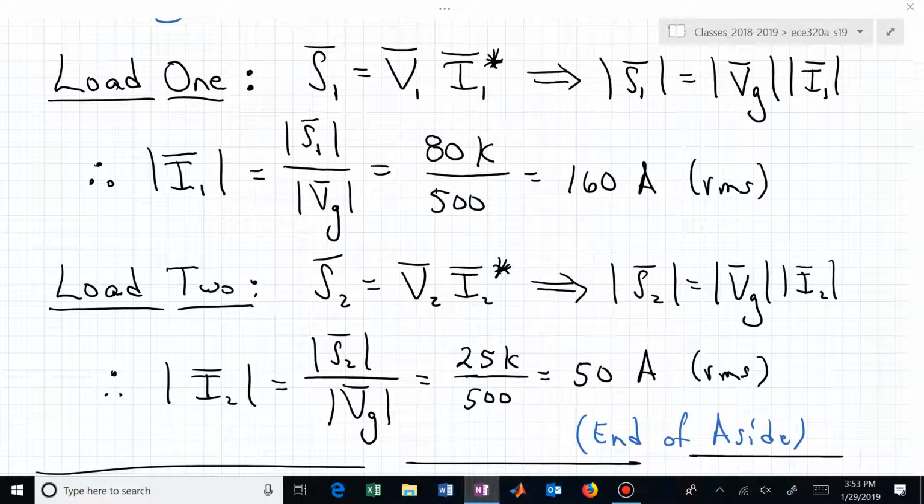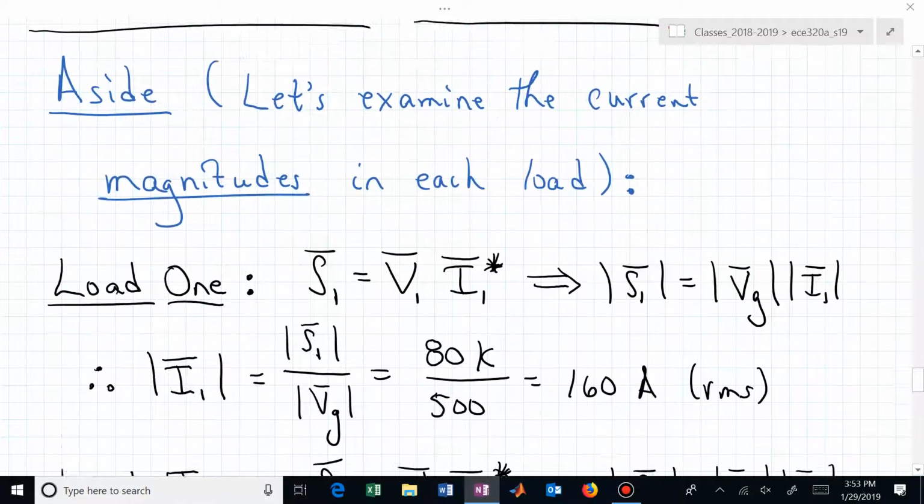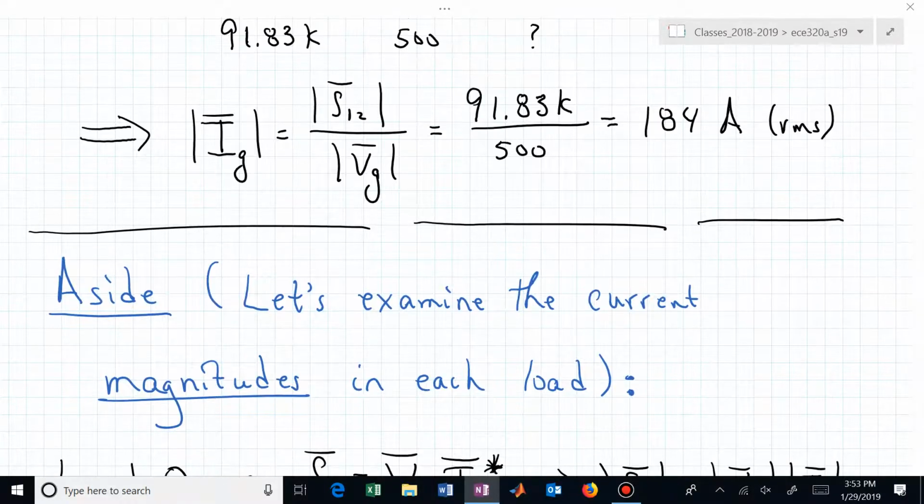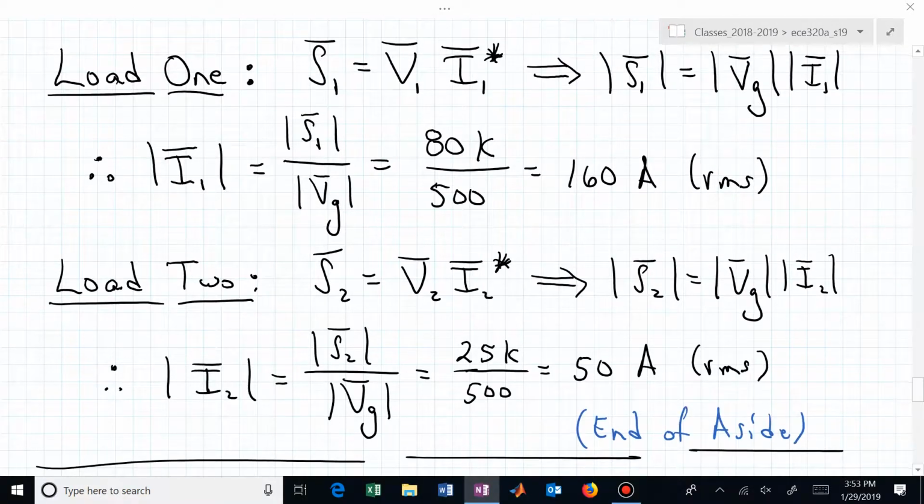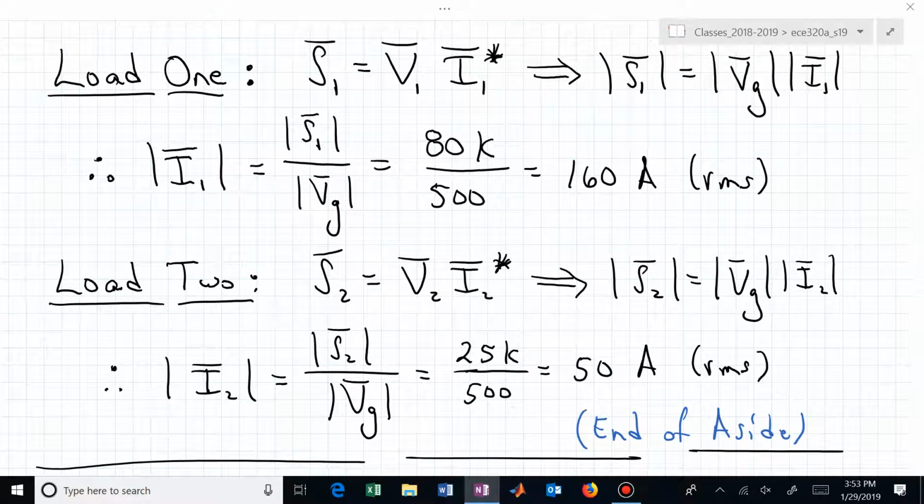The magnitude of current for load 2 is 50 amps. So you can see right there that we have to add these currents algebraically, because the last time I checked, 210 was not the same as 184. Meaning the source is giving us a magnitude of 184 amps, and each of these loads is asking for 160 and 50.